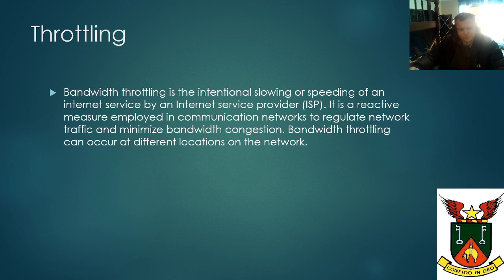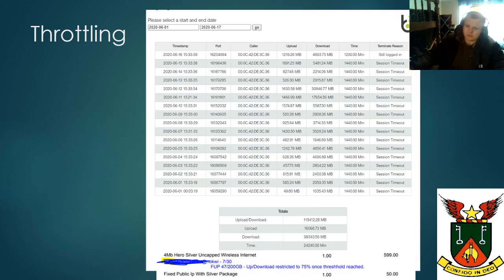If you don't comply with the fair use policy, as you'll see on the next page, then they throttle you and make your internet slower. Here's an example of what's happening currently. This is the data that I used from the 1st to the 17th. The upload and download total is 150 gigabytes. The upload will always be lower than the download, and you can see how much time I've spent on the internet. I'm permanently connected.